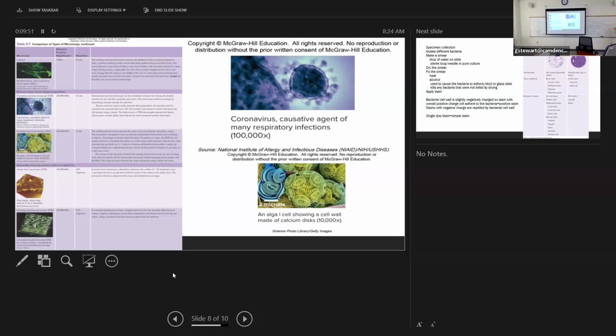The other major type of electron microscope is one we call a scanning electron microscope. And now they magnify almost as much. We used to say 100,000 times the size of life, but I think there are scanning ones that can now do a million times the size of life.